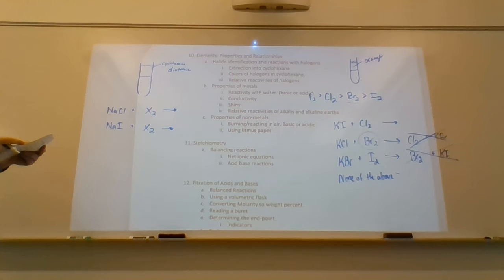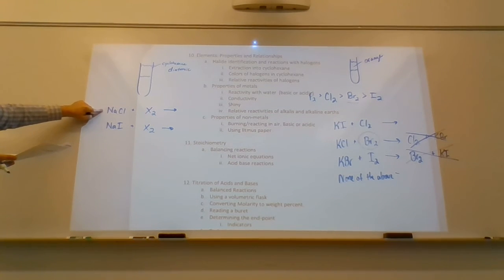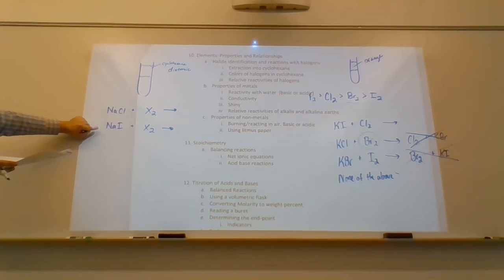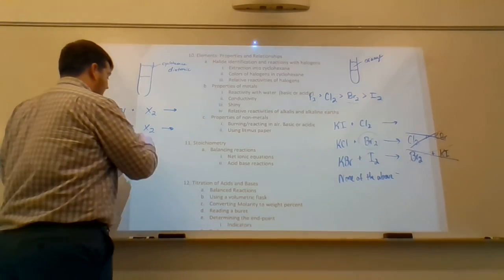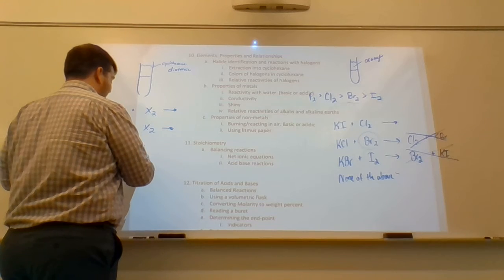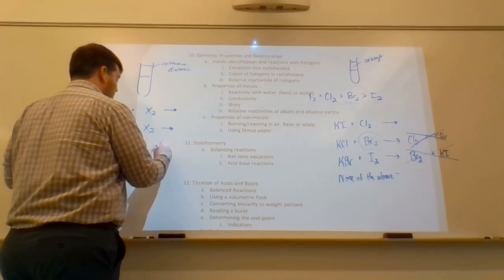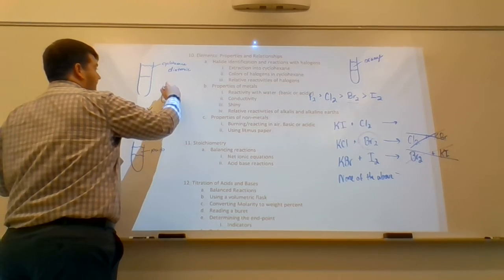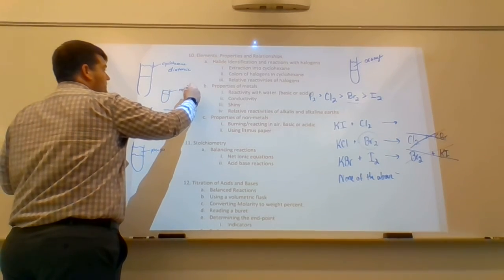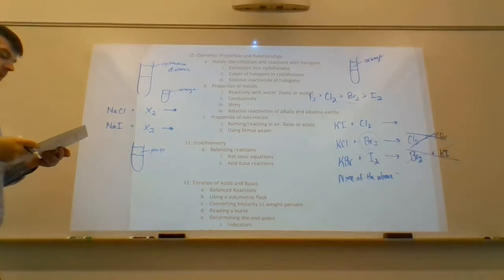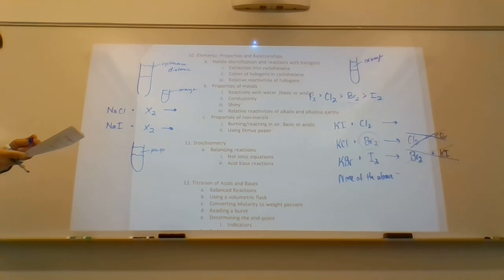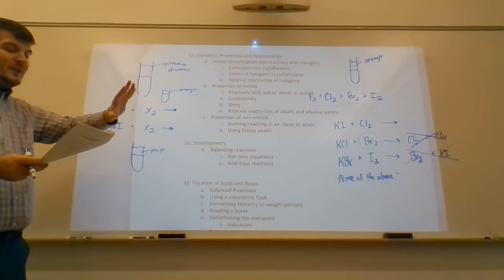According to this question, when cyclohexane was added to the top of each of these test tubes, an orange color developed in the top layer of the first test tube, while purple developed in the second. So here we have purple down here, and up here we have orange. And it says identify X2. Well, because it's orange, we know that that's going to be Br2.